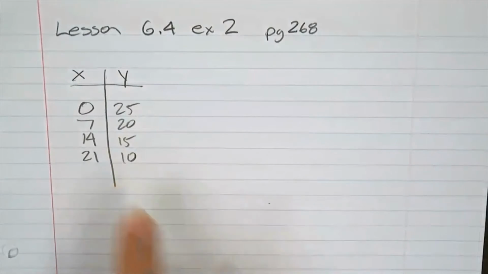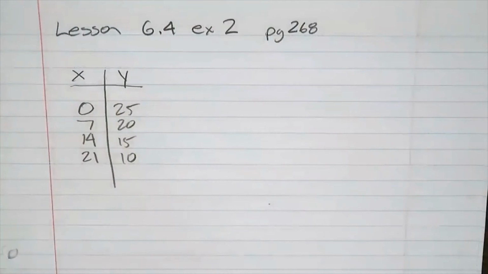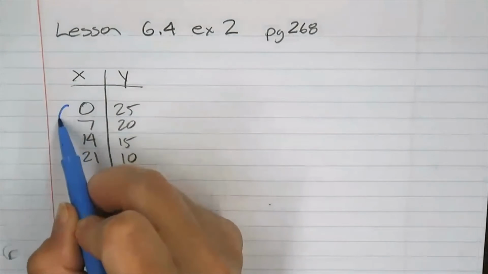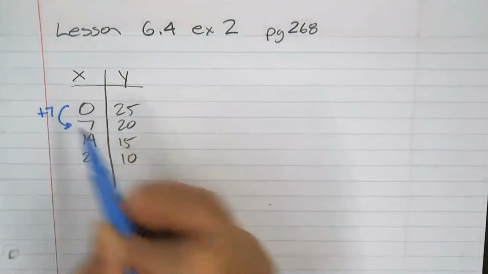So they gave us a table. This is a function. Our job is to determine whether it's a linear function or a nonlinear function. Does it make a straight line or is it curved? So they gave us a table and we had to look and see if our changes were constant.